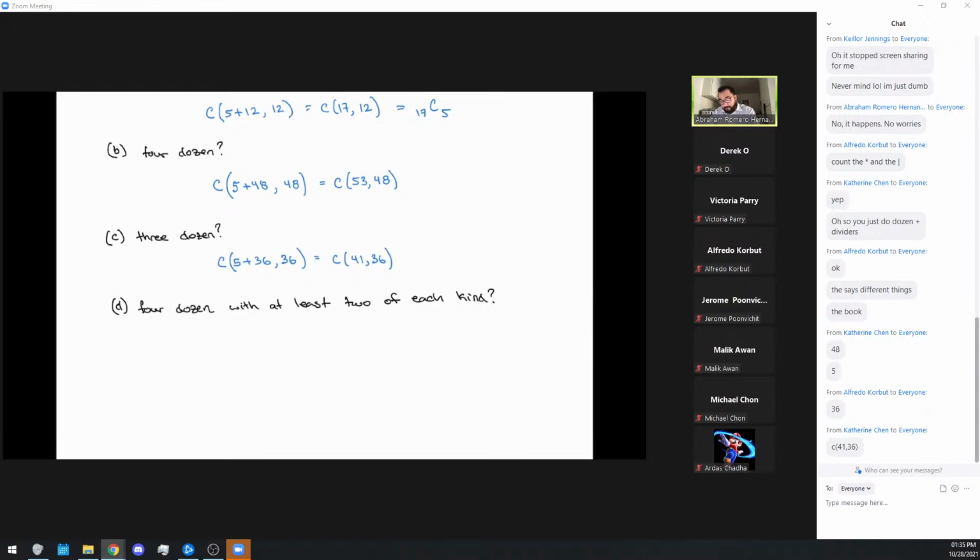So that's interesting. We want 4 dozen with at least 2 of each kind. What does it mean by 2 of each kind? What does that mean? Two of each kind.